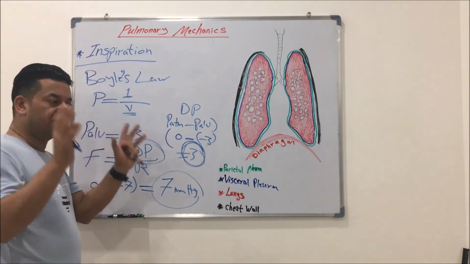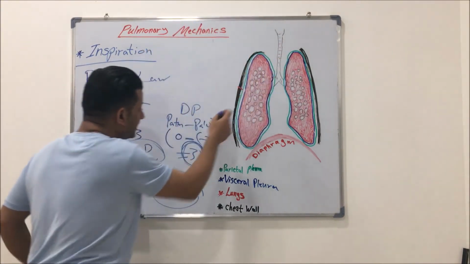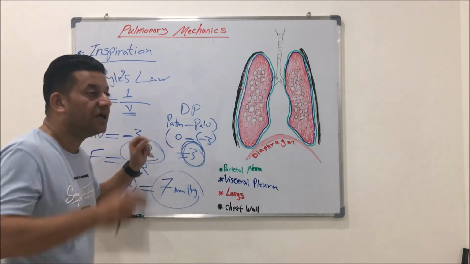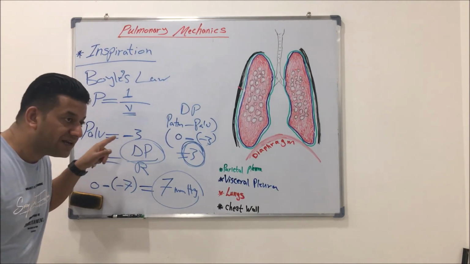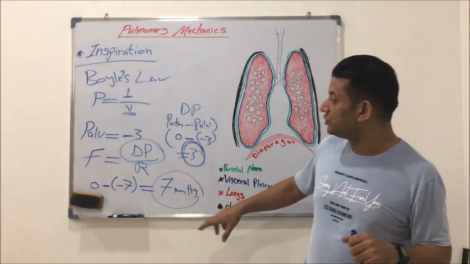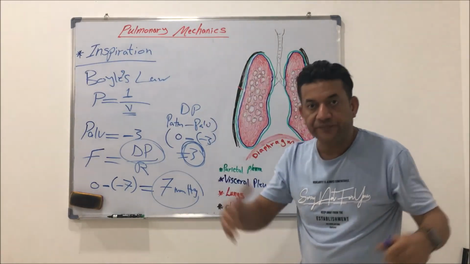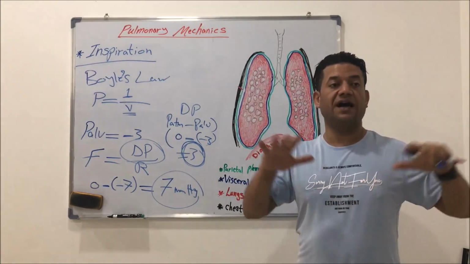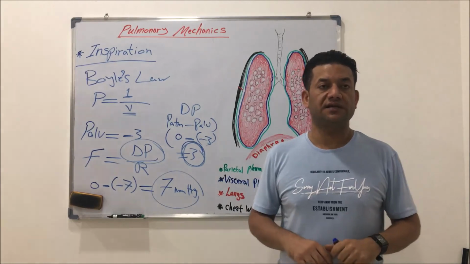The air will flow from outside to the inside of the alveoli because the pressure of the atmosphere, which is 0, is greater than the alveolar pressure, which is -3, and the net pressure is about 3. So according to the law of flow, the air will enter rapidly to the alveoli till all the alveoli are filled with air. And now the inspiratory process has stopped.